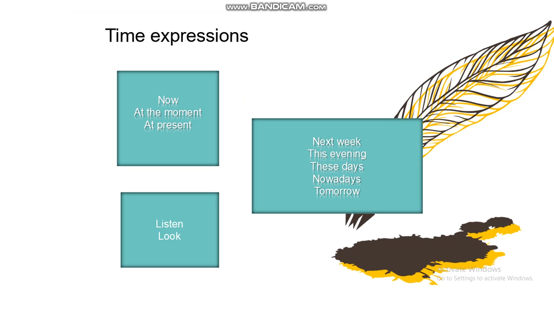Next week, this evening, these days, nowadays, tomorrow, we use them to talk about the present continuous with fixed arrangements. Like I'm traveling to Spain next week, for example. I'm meeting my friend this evening. So these expressions, we use to talk about fixed arrangements.